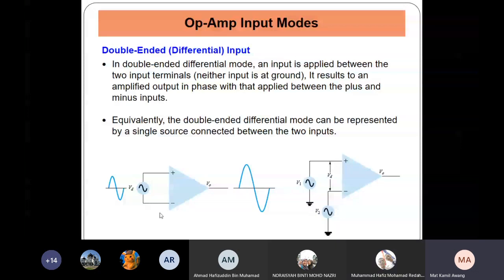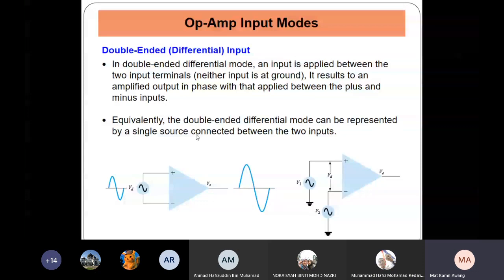Okay, in double-ended differential mode, an input is applied between two input terminals. Neither input is grounded. So you see this, there is no ground. Both are not connected to the ground. It results in an amplified output in phase with the signal applied between the plus and the minus input.